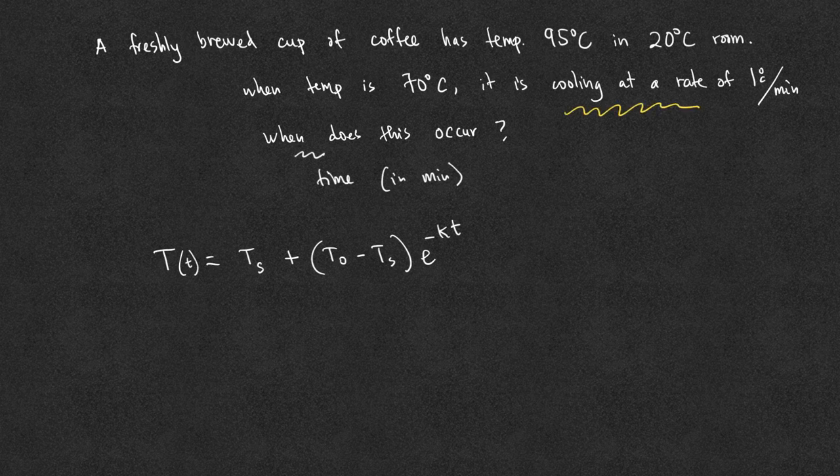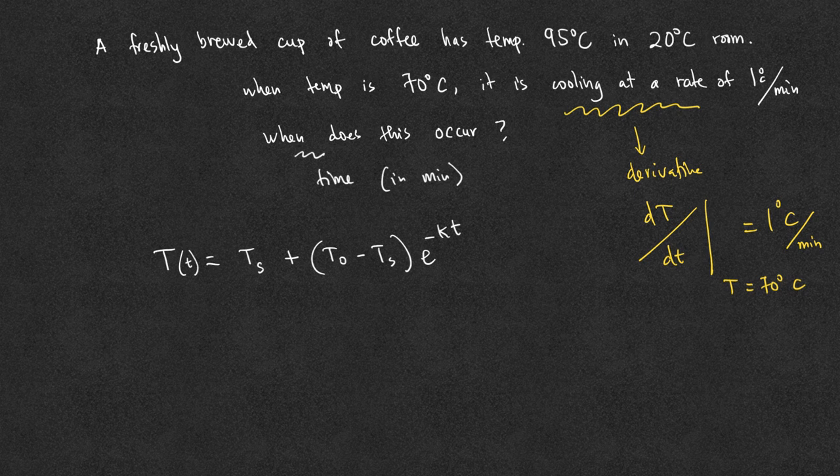What we are told is that the derivative, dT over dt, at the moment when the temperature is 70 degrees Celsius, is 1 degree Celsius per minute. That's the information given. To use this information, we would need to find the derivative. But first, let's see if we can plug in anything.